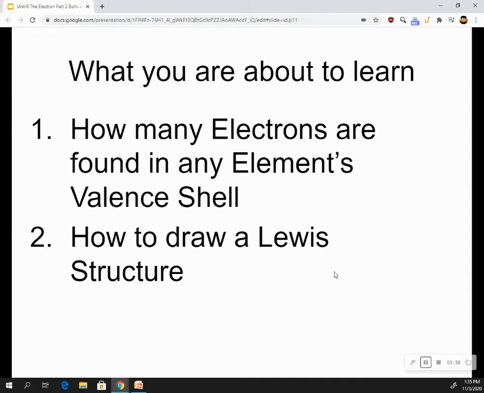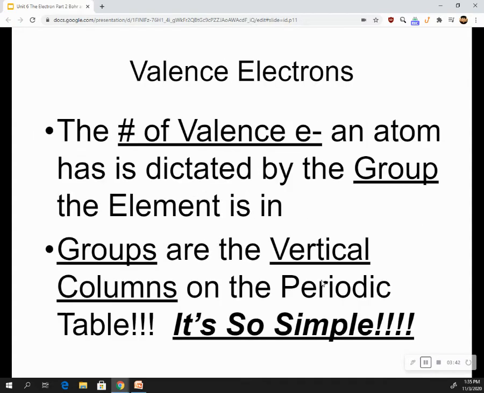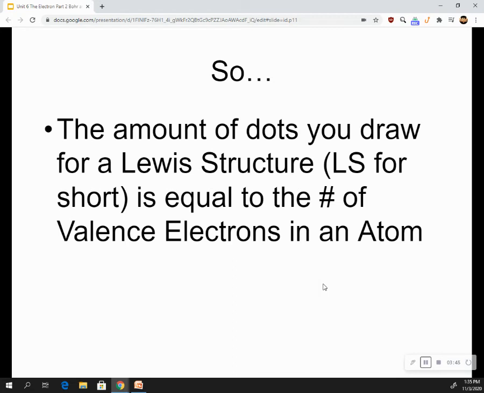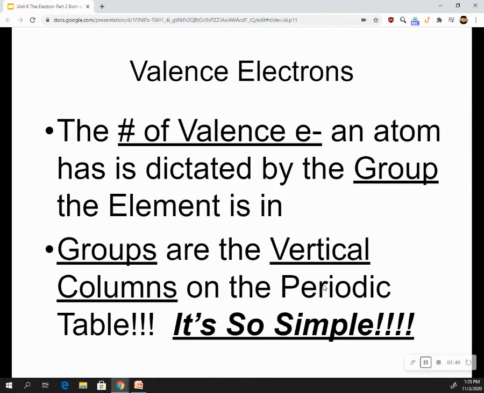But it has a total of 53, so it makes it so much easier just to do the Lewis dot structure. So the amount of dots you draw around a Lewis dot structure is equal to the number of valence electrons in the atom. Remember that it is dictated by the group, so we go by the group. Groups are vertical. Remember the columns.